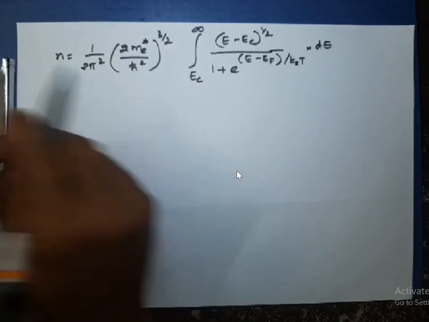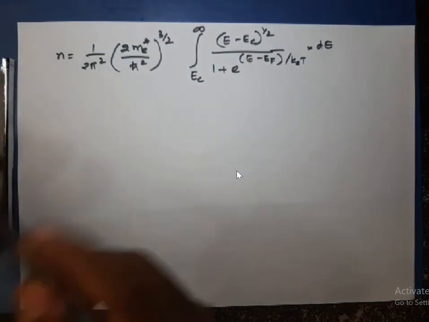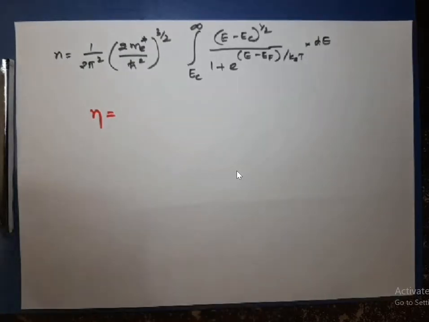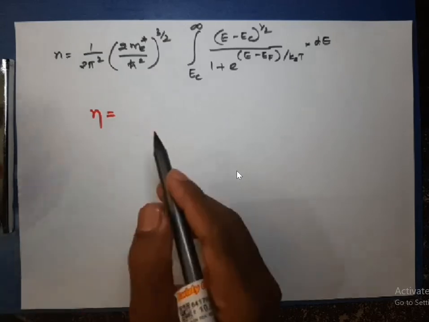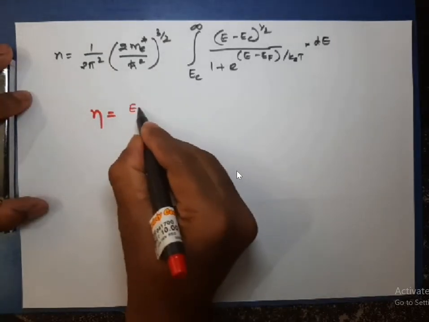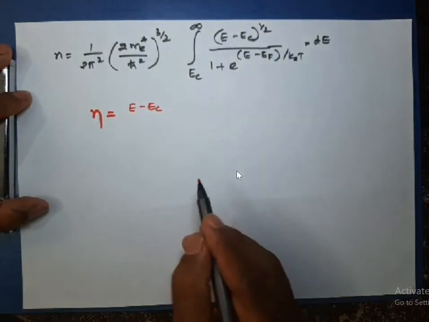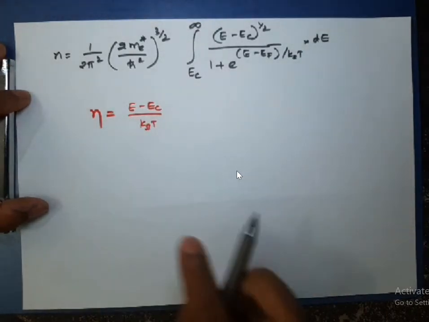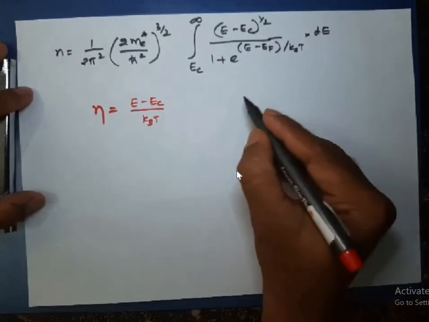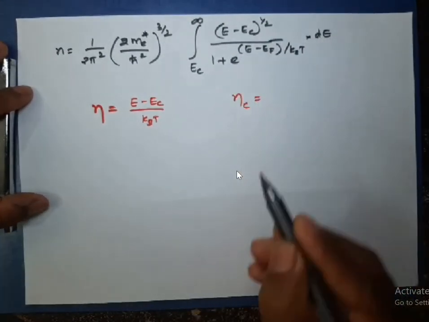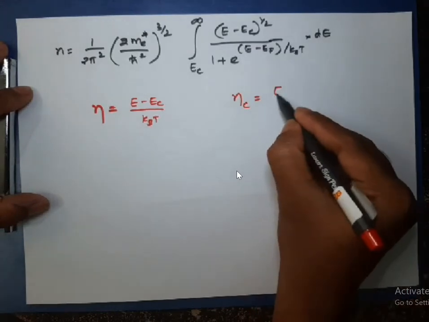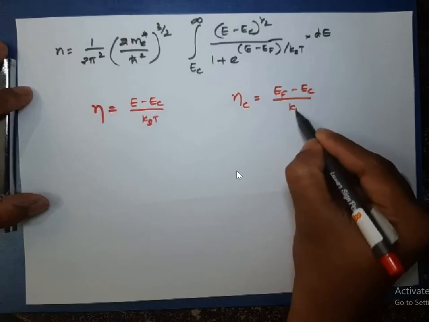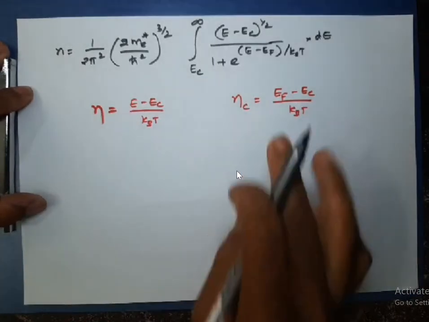I'll define a term eta, where eta is equal to (E minus EC) by kBT. Similarly, I'll introduce another term, eta C, which is equal to (EF minus EC) by kBT. I'm just defining two terms like this, eta and eta C.